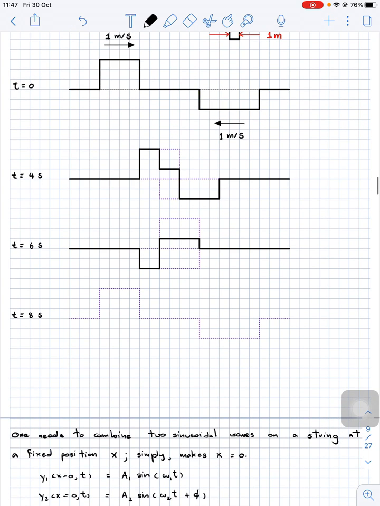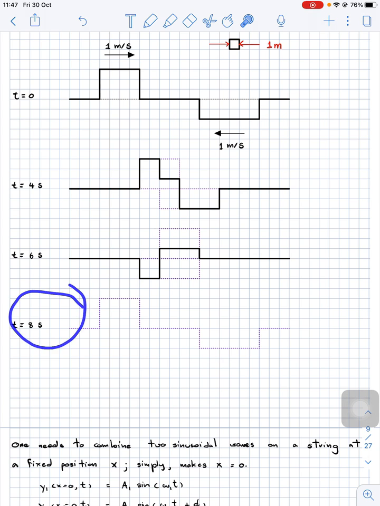Now for 8 seconds, let's do this again. This one moves to the right by 8 blocks: 1, 2, 3, 4, 5, 6, 7, 8.